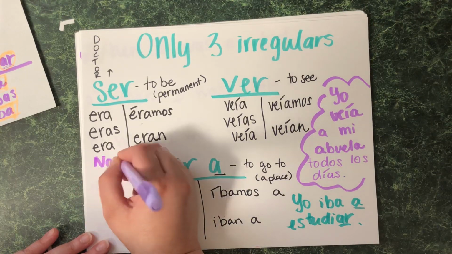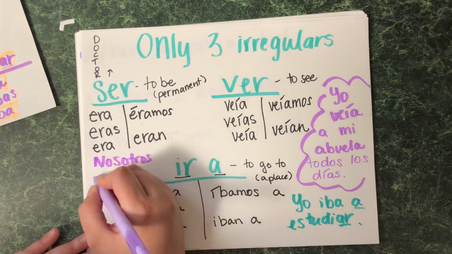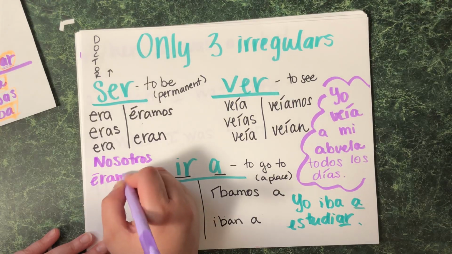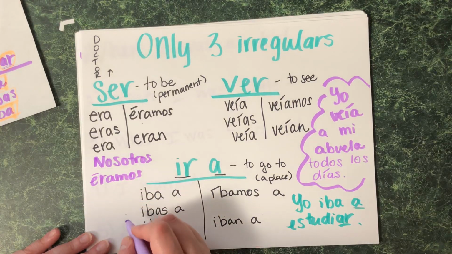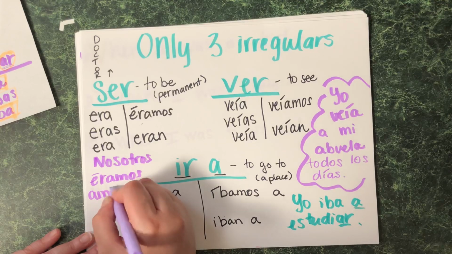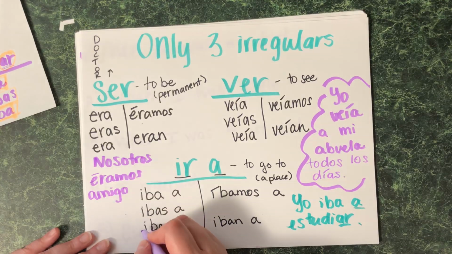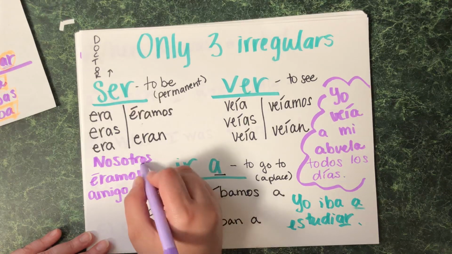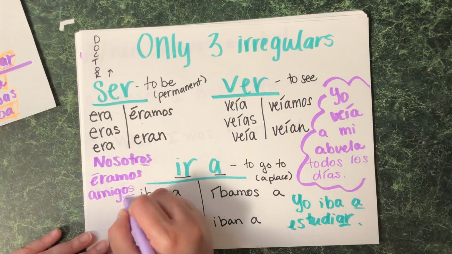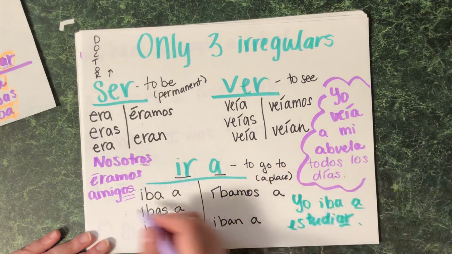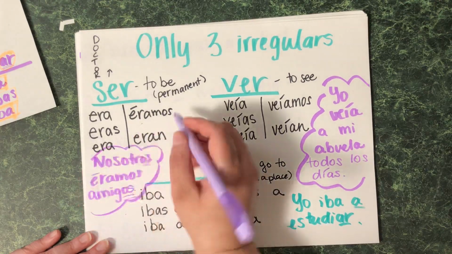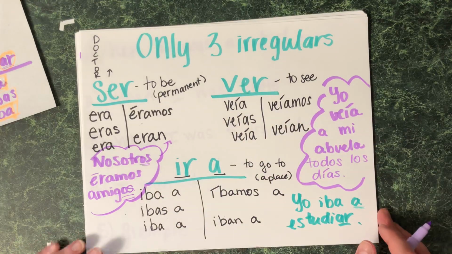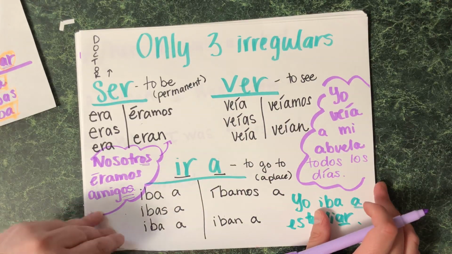Nosotros éramos, and then friends. Now, some of you might say amigo. Only one person was a friend, or both of us, or all of us? All of us. Since this is plural, this must be plural as well, okay? And that's for ser, okay?